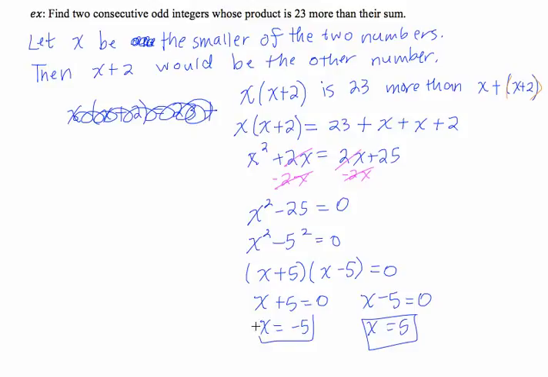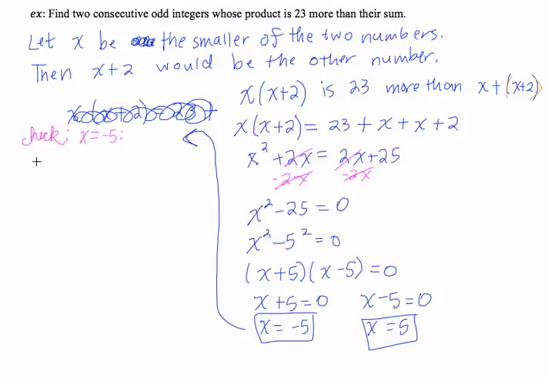Now because we got two answers, I'm going to actually check both. Okay, so let's come back up here. This is where you would want to draw an arrow so I could follow your work. Let's come back up here to check. Okay, let's check x equals -5 first.